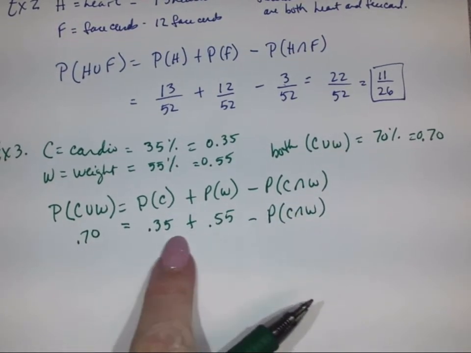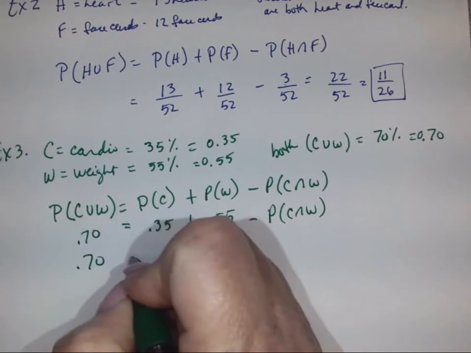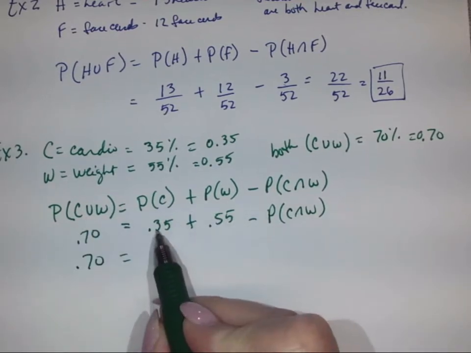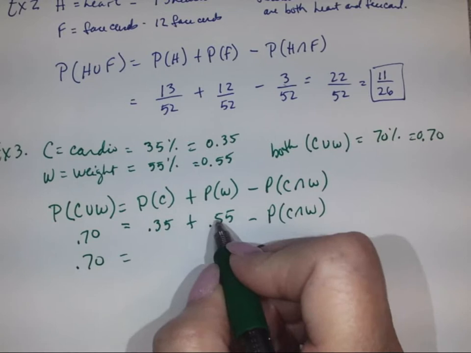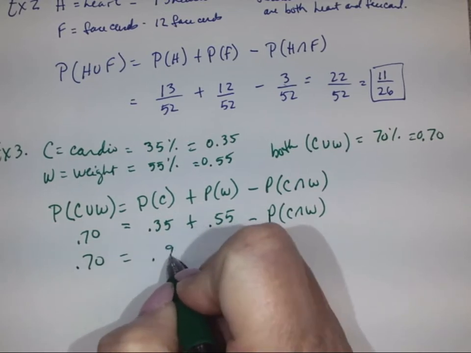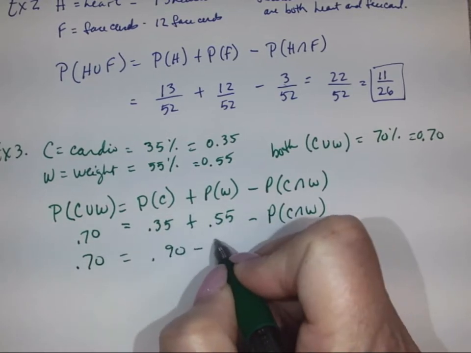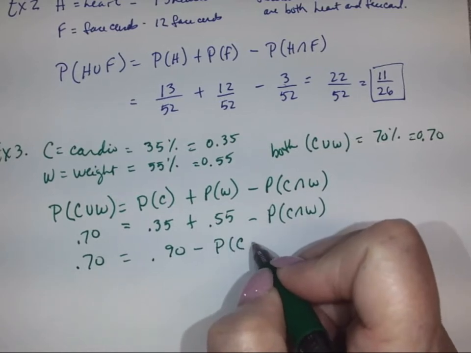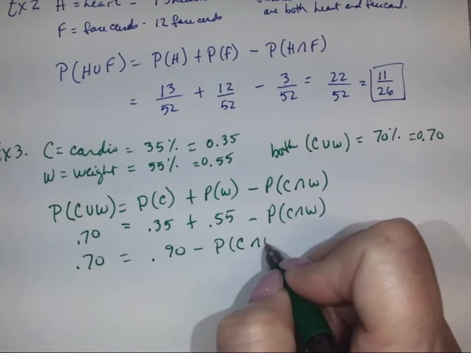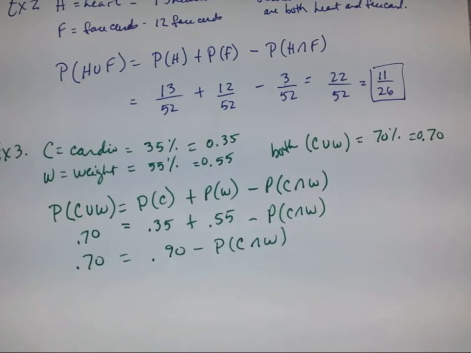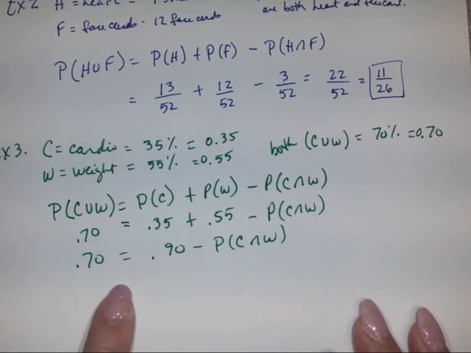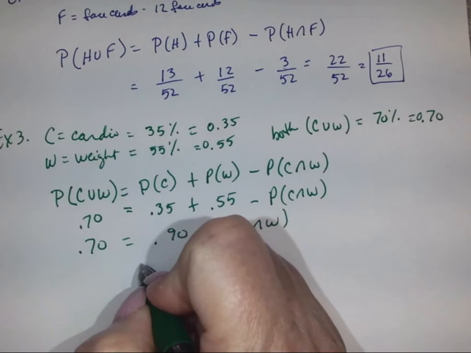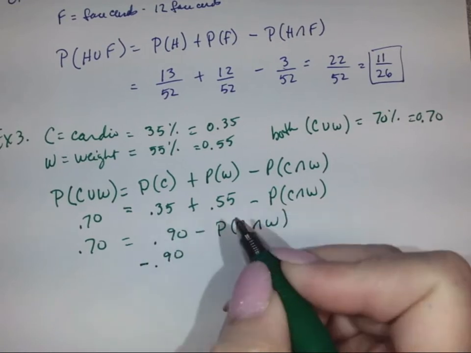So let's go ahead and combine like terms here. We've got 0.70. When we add 0.35 plus 0.55, we will actually get 0.90 minus the probability of the cardio intersected with the weight. So now we've got to move things to one side. So minus 0.90.